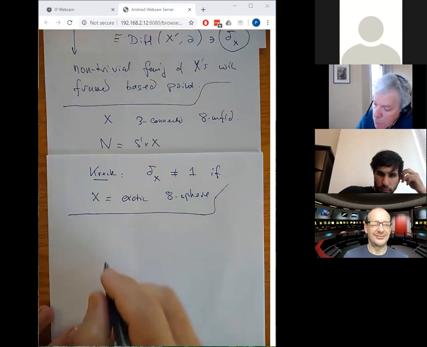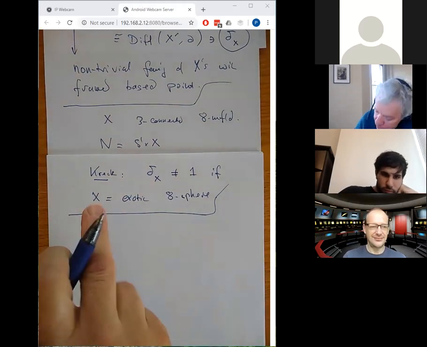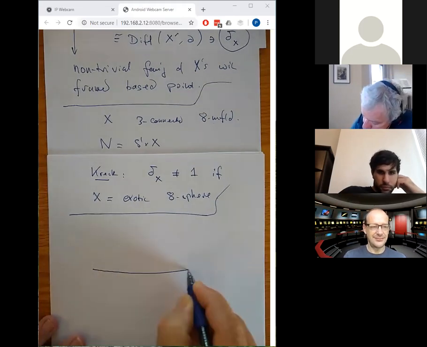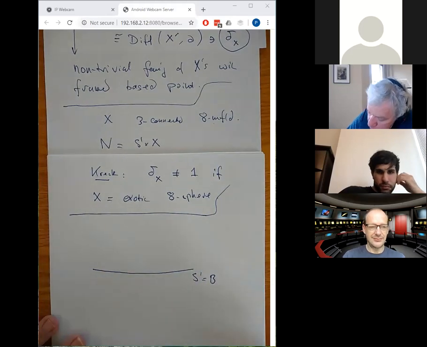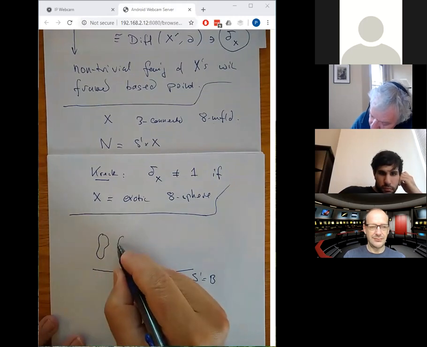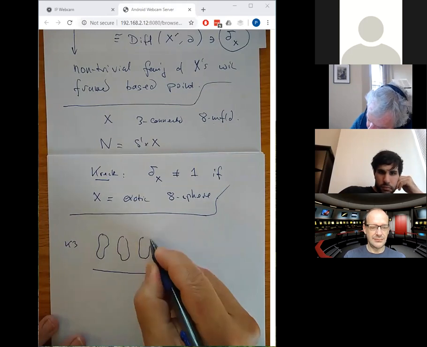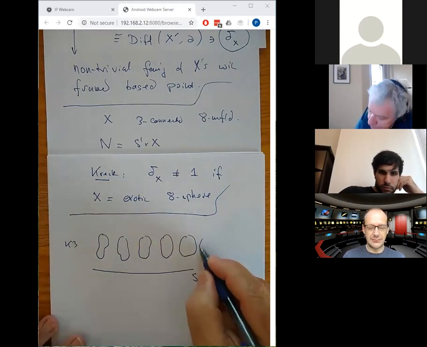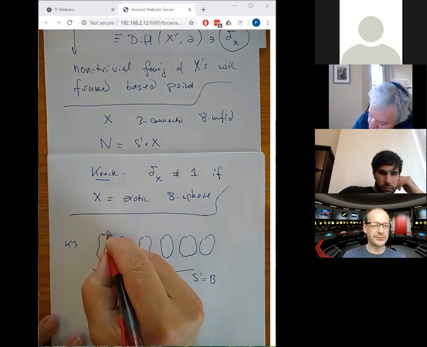To return to dimension 4, let me redraw that picture up there. The base is S1. The fibers now are K3 surfaces. And we have this rotating framing.